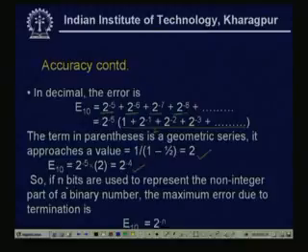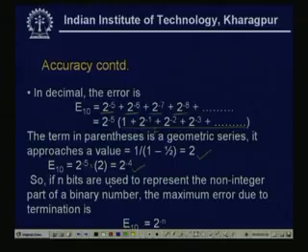So, if n bits, in our example we have tried n equal to 4, that means the binary number was truncated up to 4 bits after the decimal point. The 4 bits are taken.